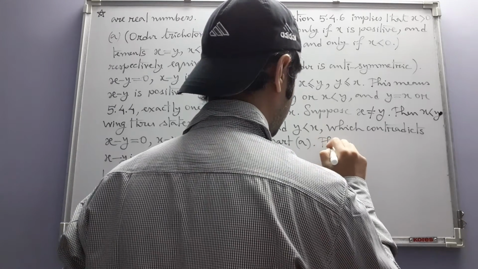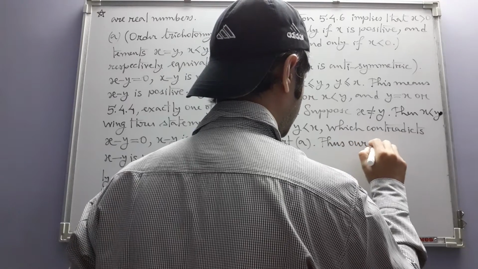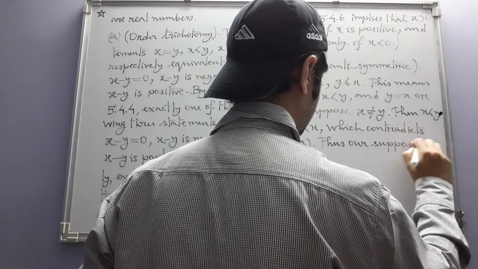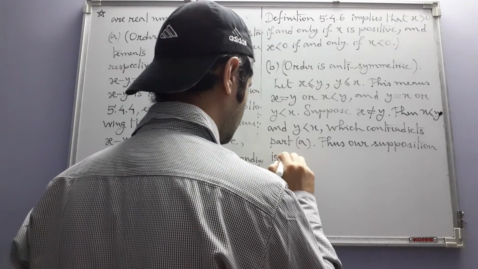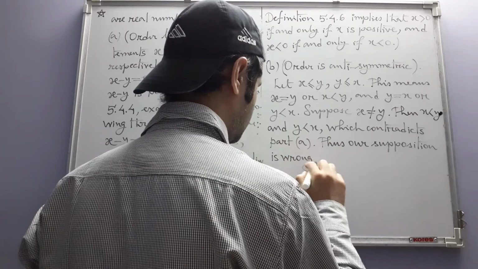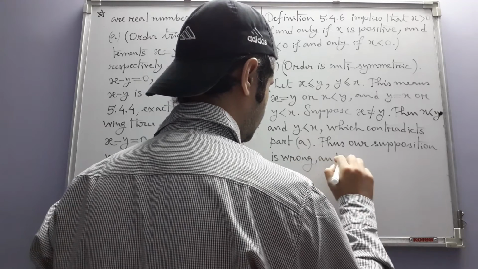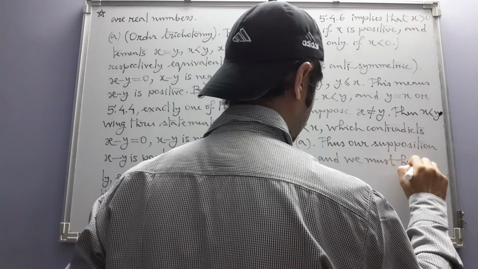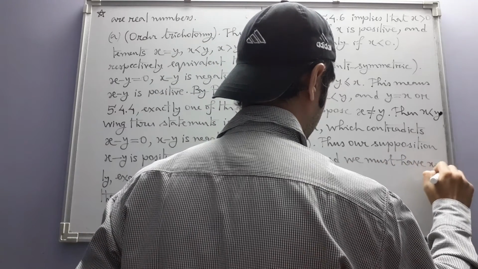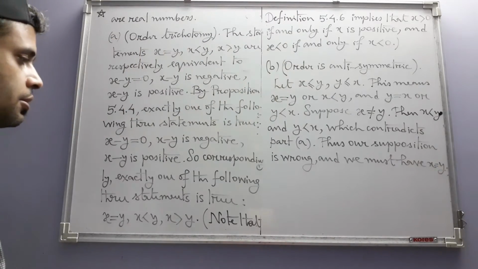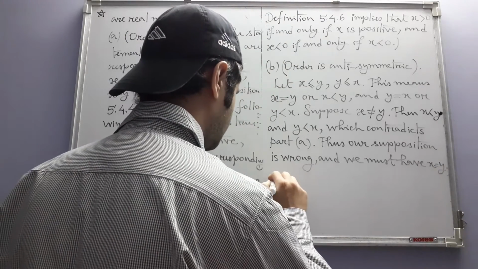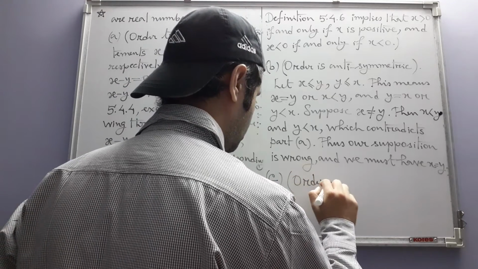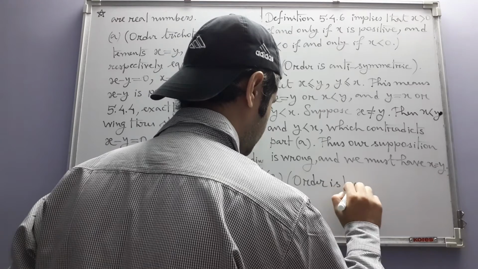Thus, our supposition is wrong and we must have x equal to y. So this is antisymmetry. Then order is transitive.